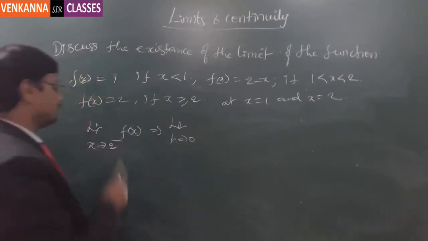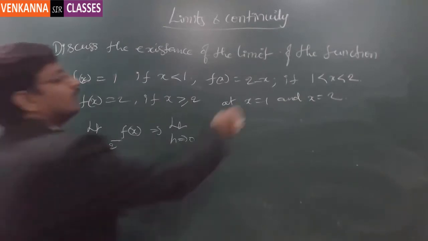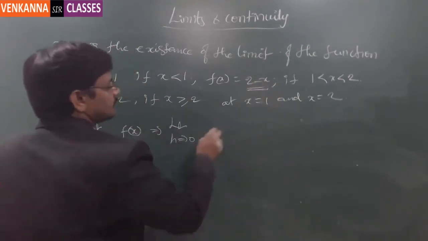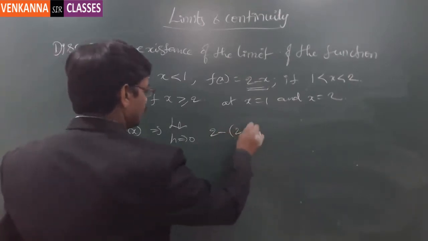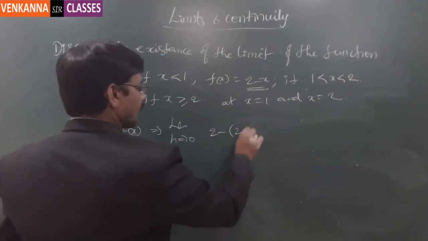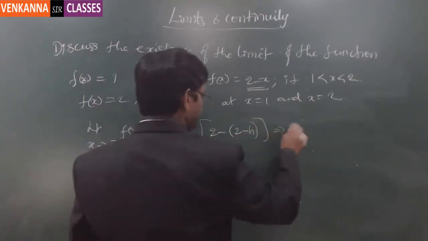So f of x, so 2 minus is on the negative side of 2. So then it comes under this function, that is 2 minus h. So this value will be 0.